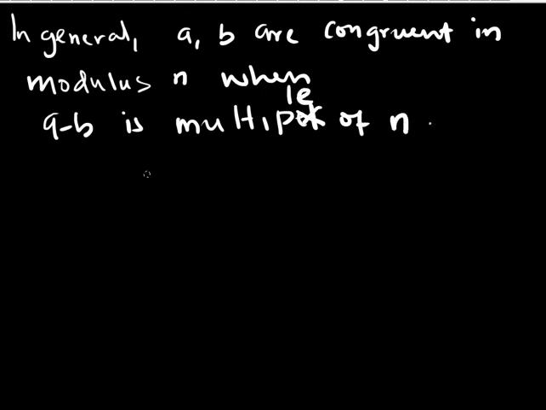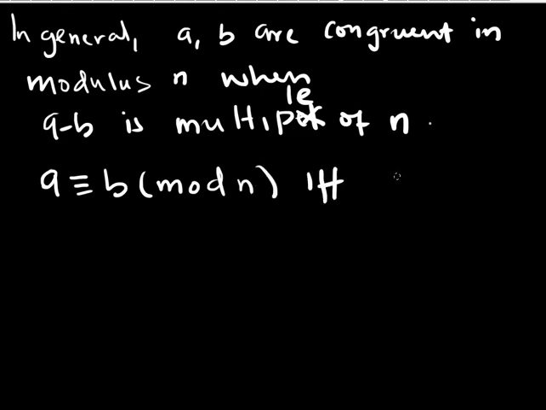In other words, we can say a is congruent to b mod n if and only if a minus b divided by n is doable and you get an integer. By integer we mean 1, 2, 3, and so on. Simply, that's all we have to do.